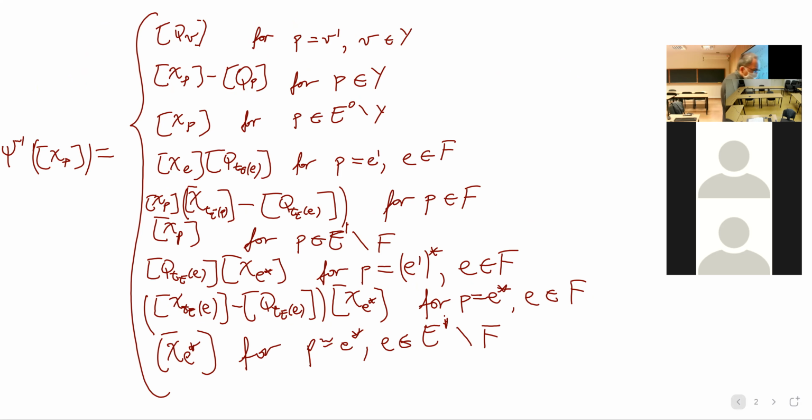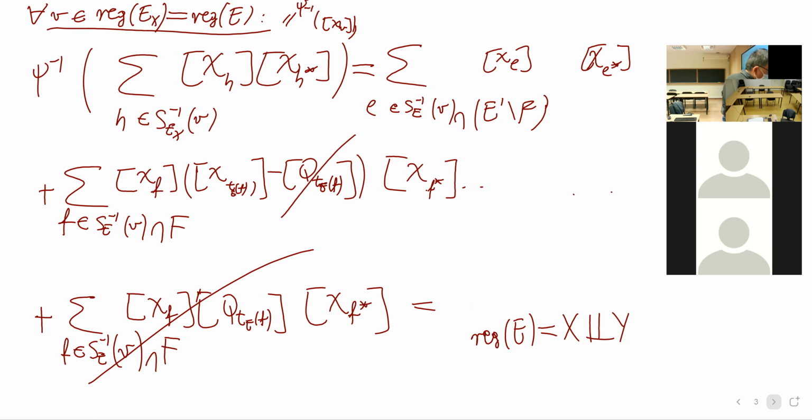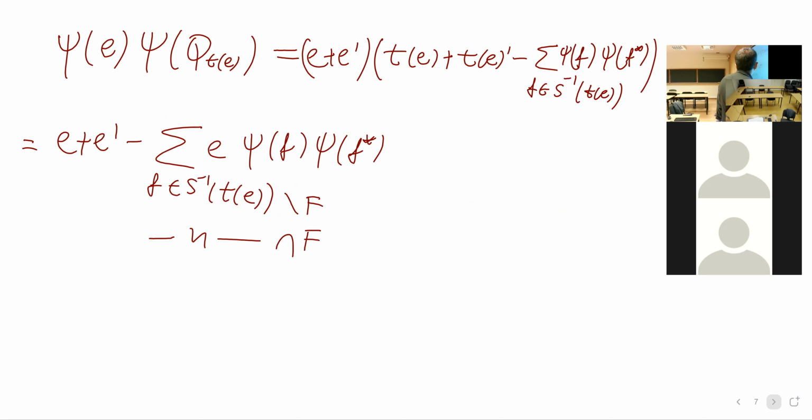Okay, so I can see the shortcuts. I just have to compute this, and this will give me TE minus the sum. When I apply psi to T, I double it because it's in Y. And then here I'm a little bit confused because F, all right, it begins in Y, but it might end in Y or outside of Y. So either you double or you don't double.